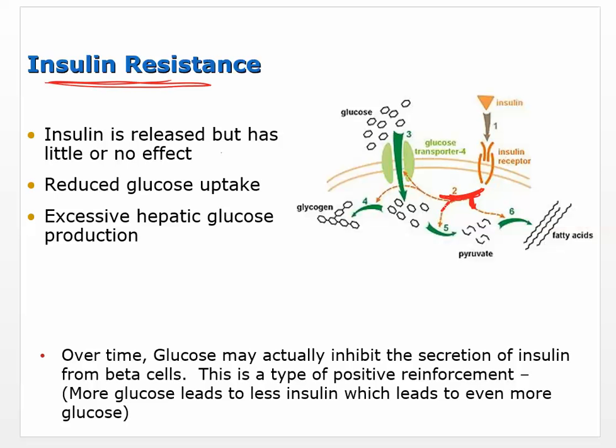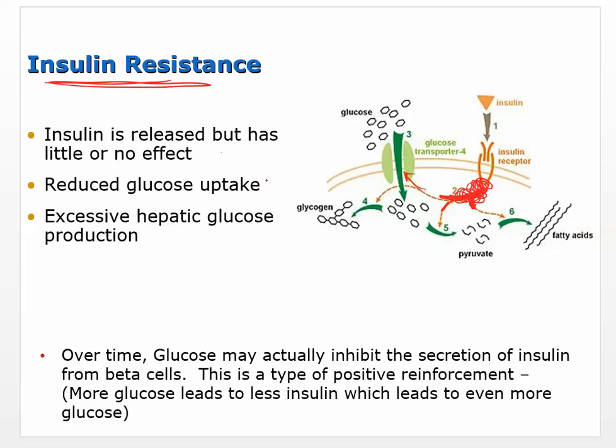So insulin is supposed to cause all of these things, production of fatty acids, whatever, depending on the cell, new glycogen being made. It's supposed to cause all of these things to happen, but that doesn't take place. And so somehow the second messenger signal gets mixed up. Glucose transporters aren't mobilized and moved to the membrane.